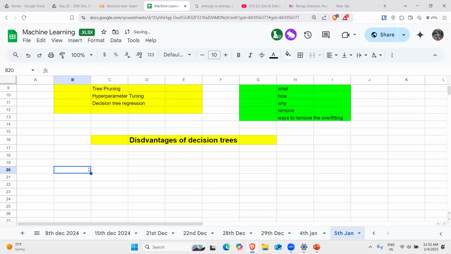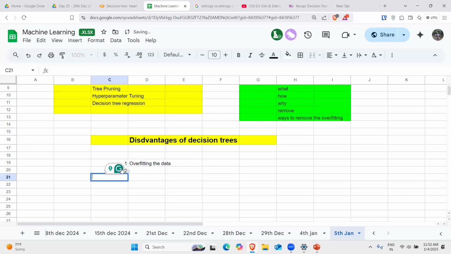Okay, so the disadvantage of decision tree is, first of all, it is overfitting. It is always an overfitting model. That is a curse given to this model. After splitting, as I discussed, it is a greedy model, right? So it's an unstable model.